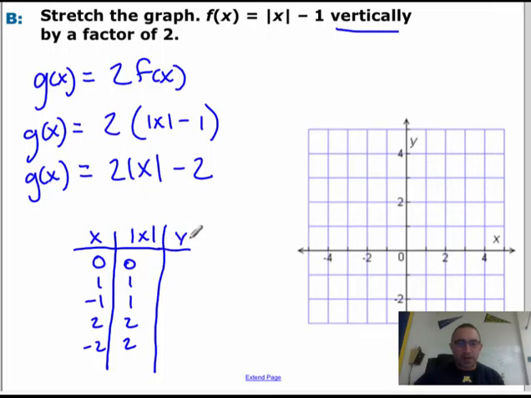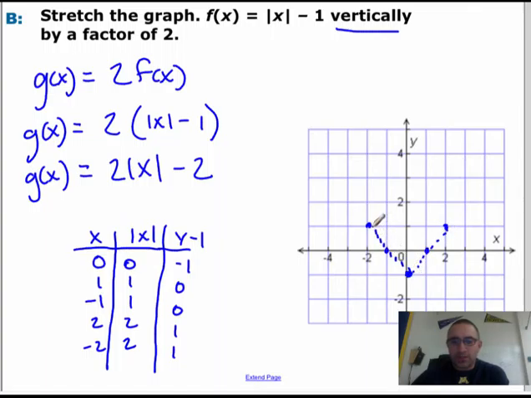So I'm going to take y minus 1: negative 1, 0; 0, 1; 1, 1. And that's the graph moved down 1. So my f of x is going to be right there.